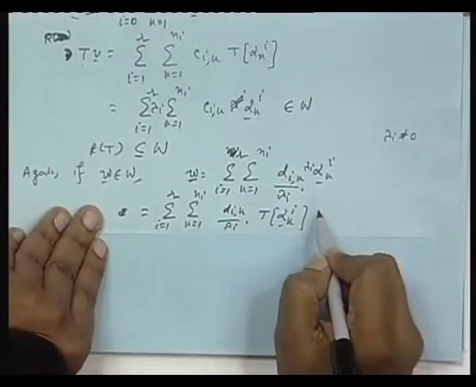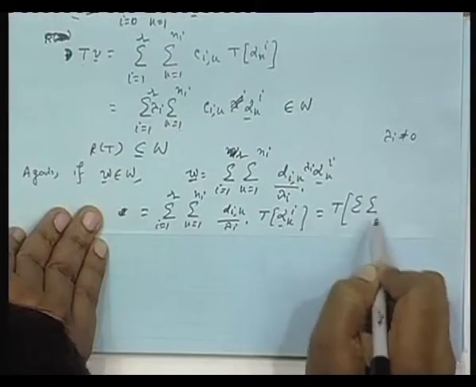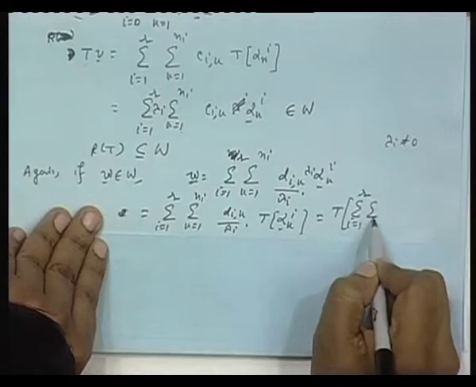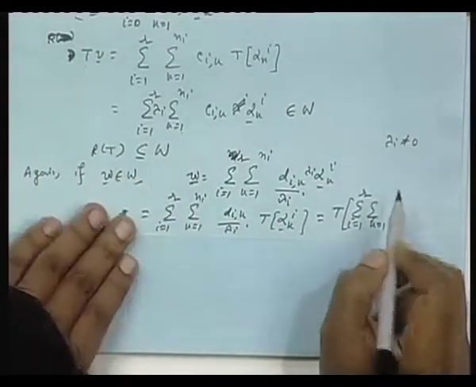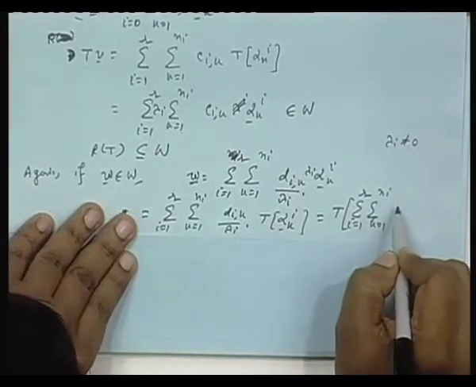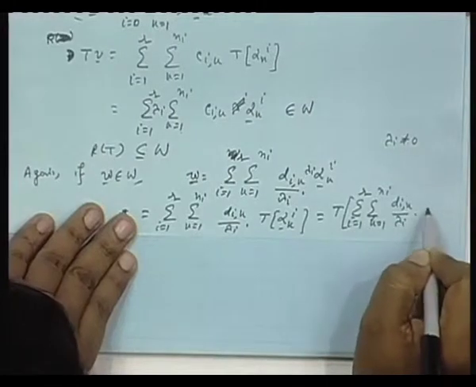Then using linearity, T can be taken outside the summation, leaving scalars times these vectors.